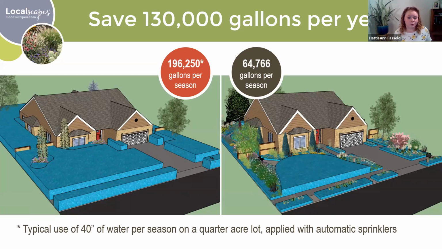Another big thing with Localscapes is the fact that it saves over 130,000 gallons of water per year, right? That's crazy that we're using that much water, and that just applying these principles can save that much, instead of having everything be lawn, which needs a little bit more water.